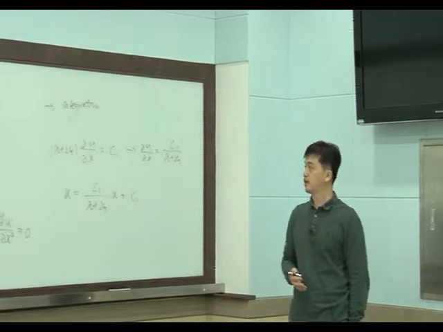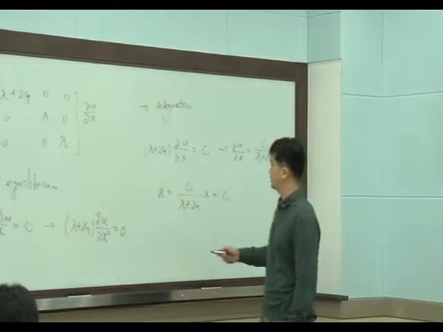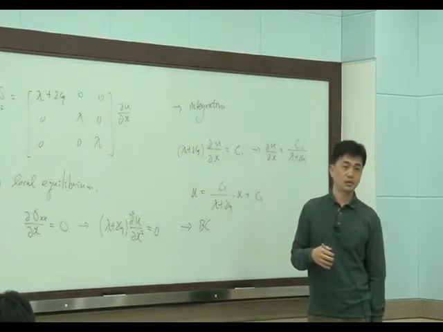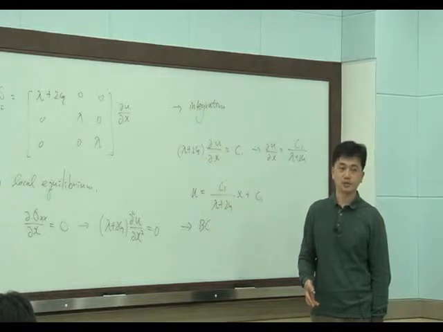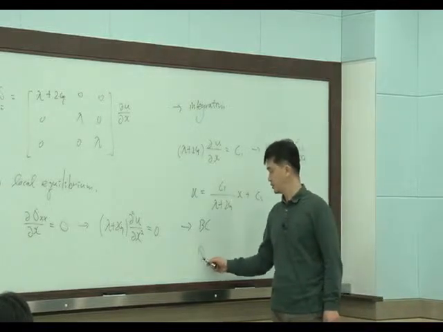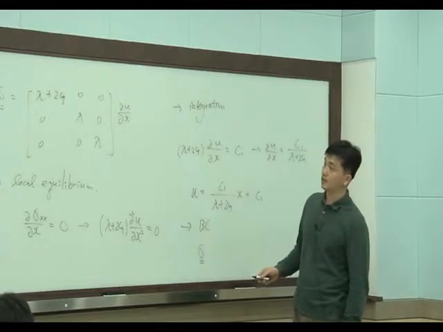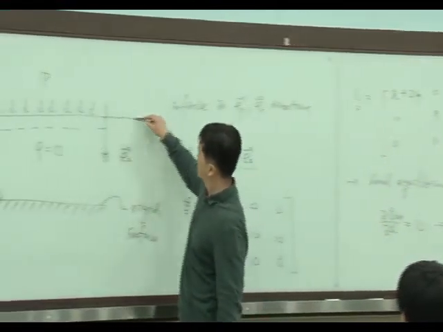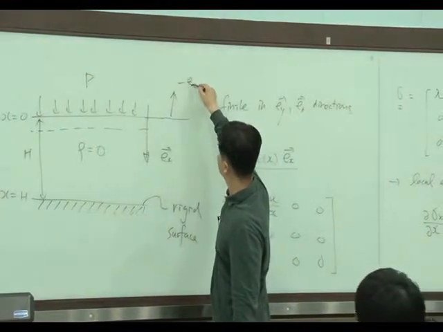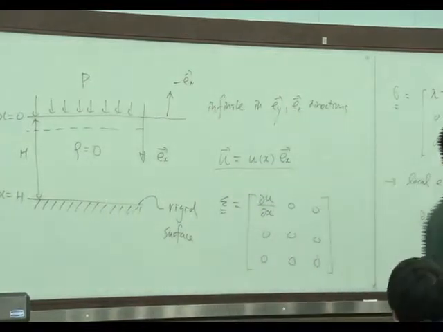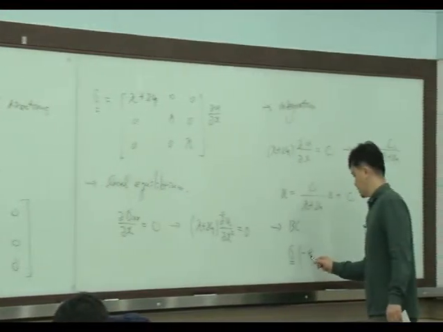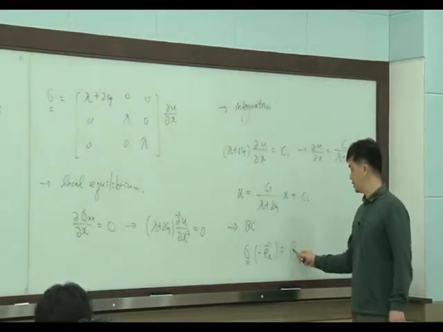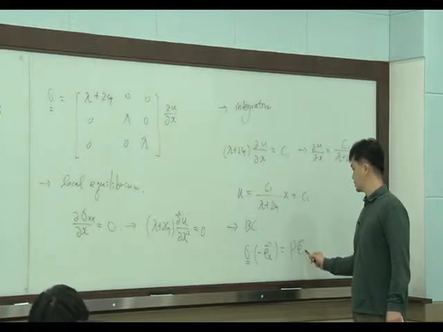Okay, boundary conditions. Now we need to apply the boundary conditions. Two boundary conditions. First boundary condition, the force boundary condition. Stress, and here this is the boundary. The surface direction is here, minus EX, so the traction equals P EX, right?